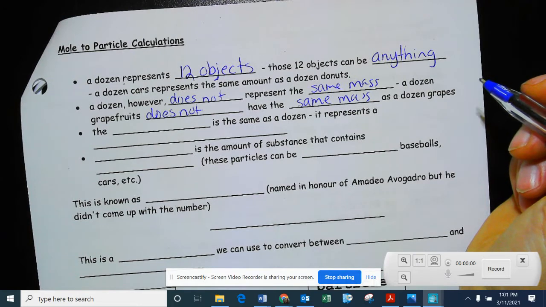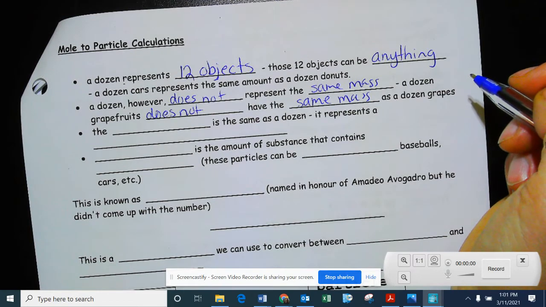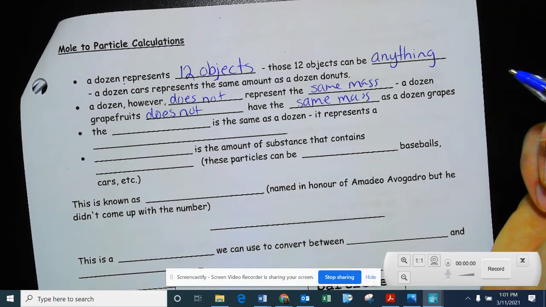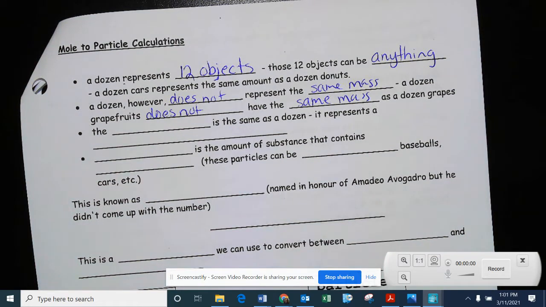So you've got 12 of both things, but the mass is very different. And we saw this yesterday when we were looking at 1 mole of sugar had significantly more mass than 1 mole of copper did.